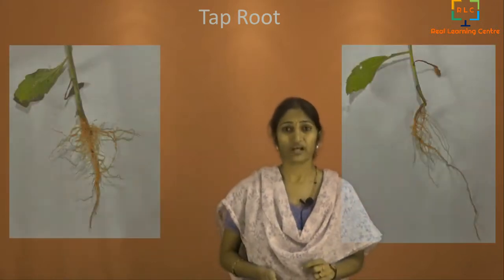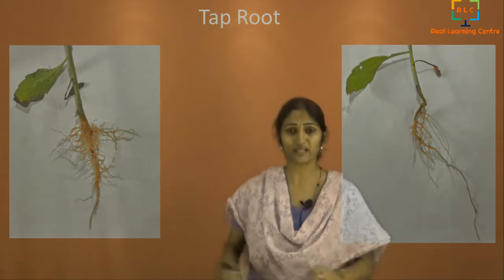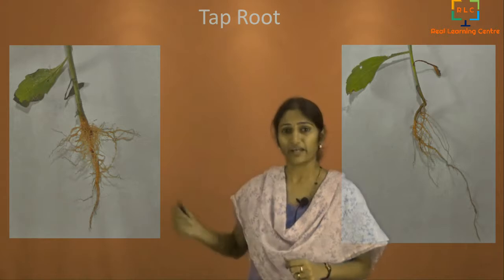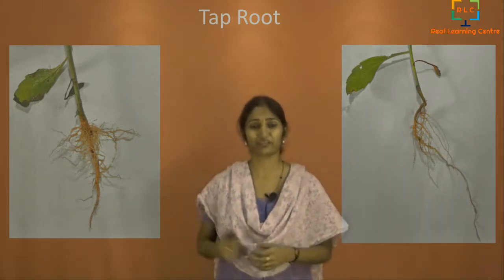Now just to show you how the tap root looks, I plucked a few plants, took a nice photograph of the plants from my garden, and here is the picture of the tap roots that I have taken.